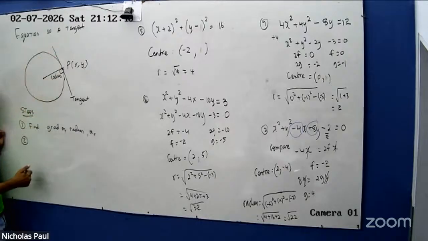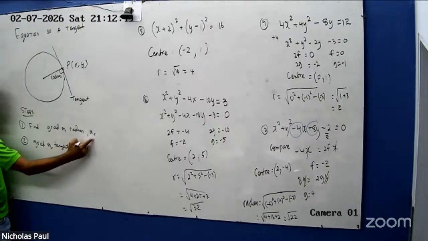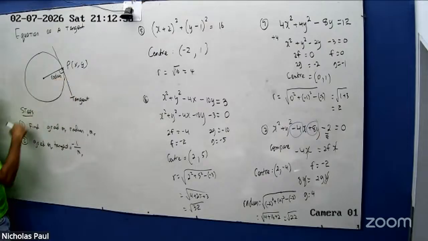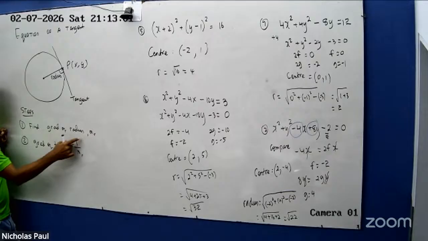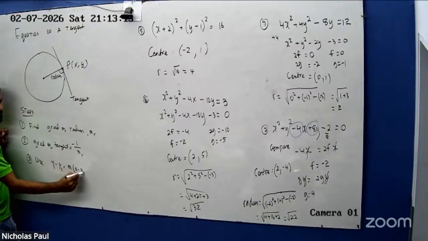Based on the rule I gave you, the gradient of the tangent is minus 1 over the gradient of the radius. It's called the negative reciprocal. Flip this value over and change the sign. And lastly, use y minus y1 is equal to m times x minus x1.